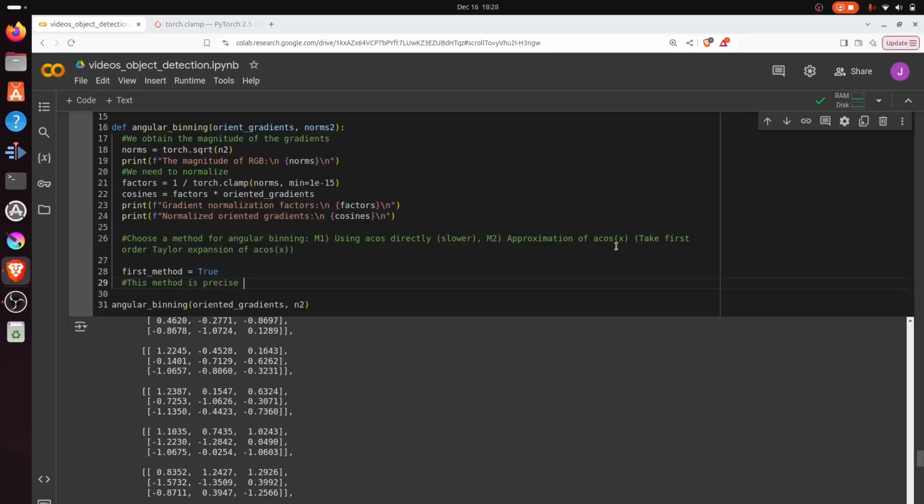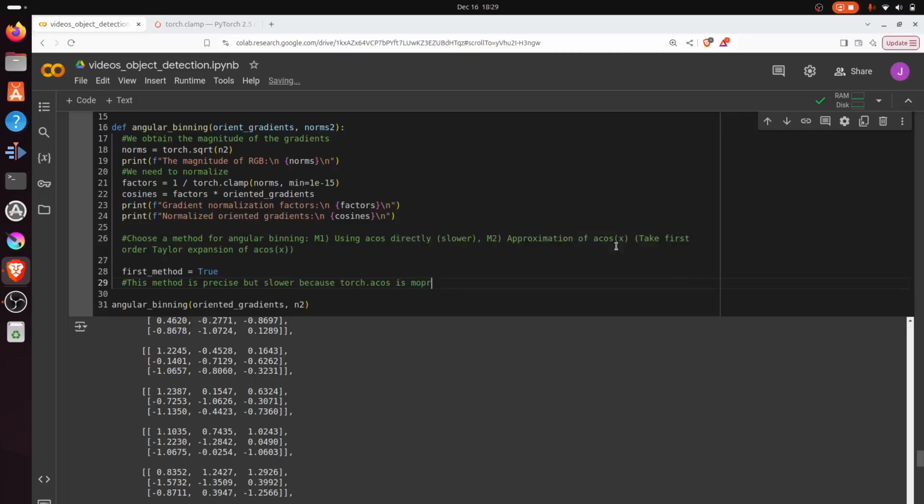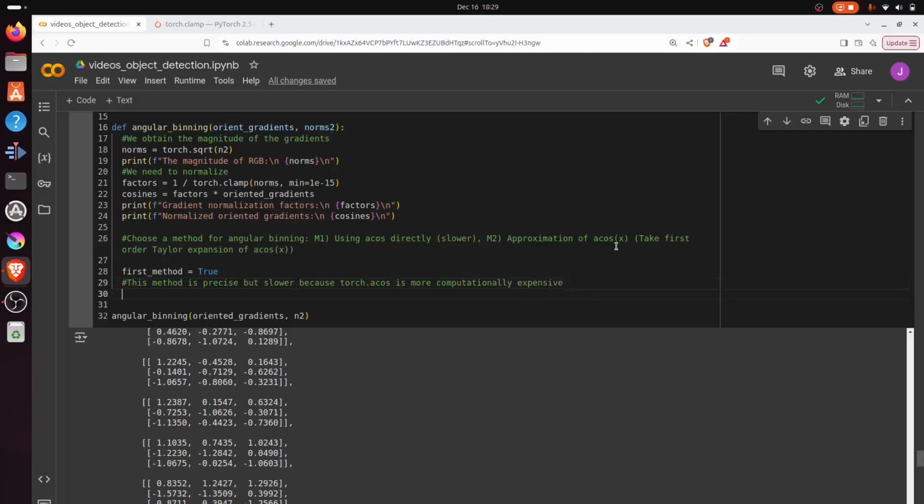Of course, more precise than method 2, because method 1 is precisely the formula. However, it's slower, because basically the arc cosine is more computationally expensive. All right, that is the issue.